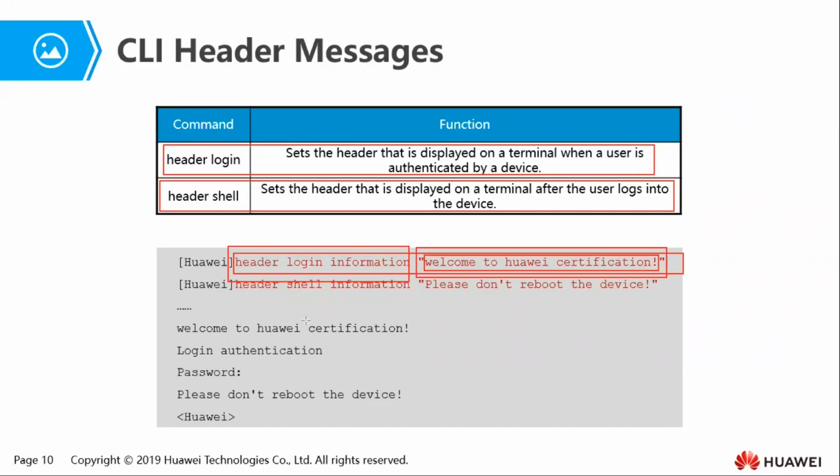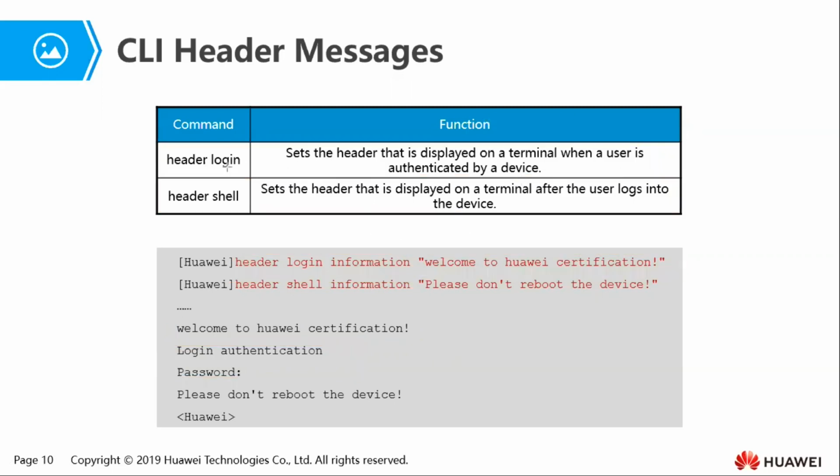So when you access the command line interface of your router or your switch, then you'll get that particular message just before you are authenticated, just before you provide the username and the password. You'll get that message.